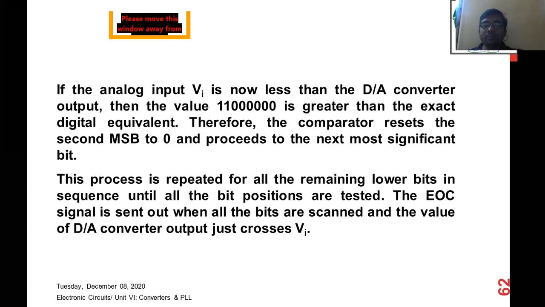This process is repeated for all remaining lower bits in the sequence until all bit positions are tested. The end of conversion EOC signal is sent out when all the bits are scanned and the value of the D to A converter output just crosses Vi. This is the process we have already seen for the 4-bit converter. The same process applies here for the 8-bit A to D converter.